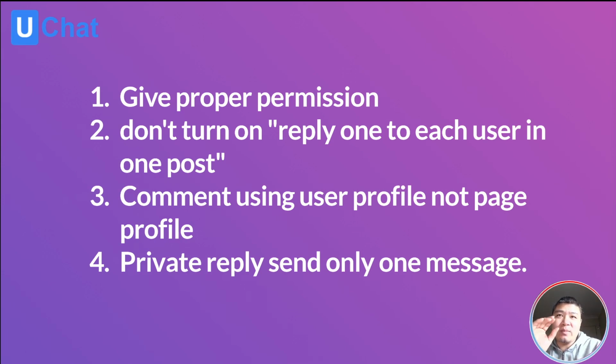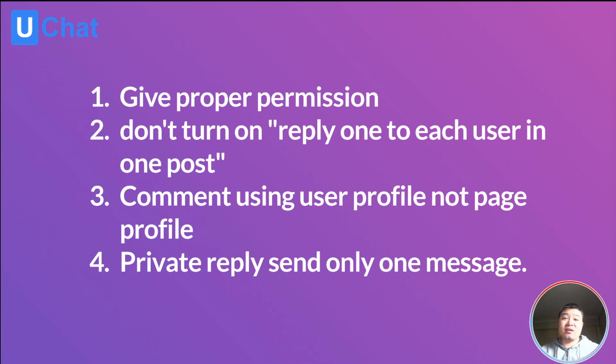So again, that's all the points we covered today in order for you to make sure that the Facebook comment growth tools is working for you. The first point is when you connect your page with UChat, make sure you select the permission that is required for the comment growth tools to work. The second is you do not need to turn on the reply once to each user in the post.